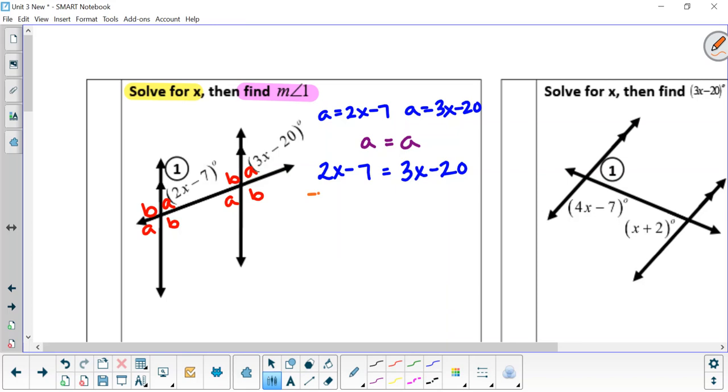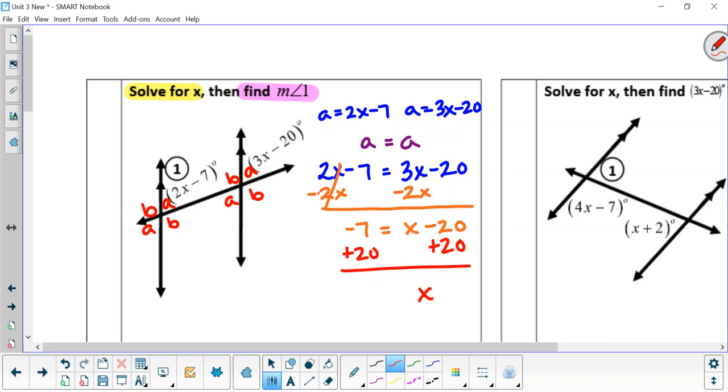To solve for x, I'm going to move my small x over first. So I'm going to subtract 2x. Leaves me with negative 7 is equal to now 1x minus 20. Add 20. So x is equal to 13.